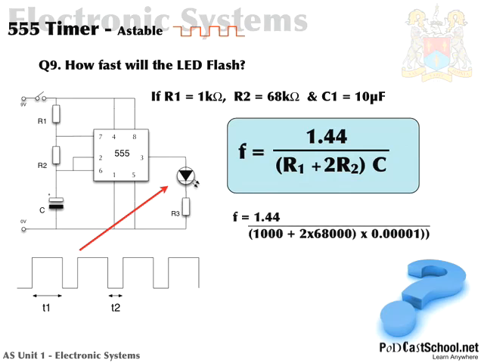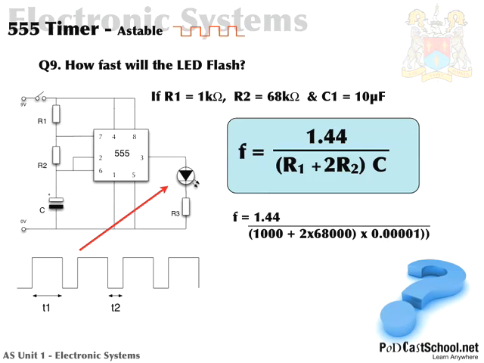So there you have it. Frequency is 1.44 divided by (R1, which is 1 kilo ohm, plus 2 times R2, which is 68 kilo ohms) times 10 times 10 to the minus 6, which is 1 times 10 to the minus 5, so that's 4 zeros after the decimal point.